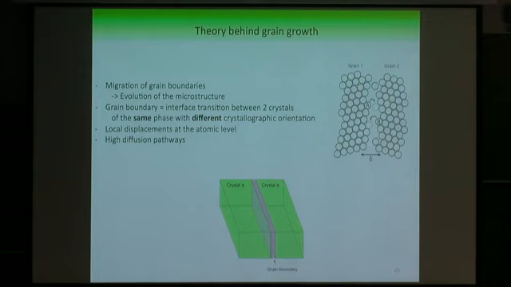So grain growth occurs by the migration of grain boundaries, which make the microstructure evolve. Now, a grain boundary, we've been talking about it since yesterday. It's the interface transition between two crystals of the same phase with different crystallographic orientation.